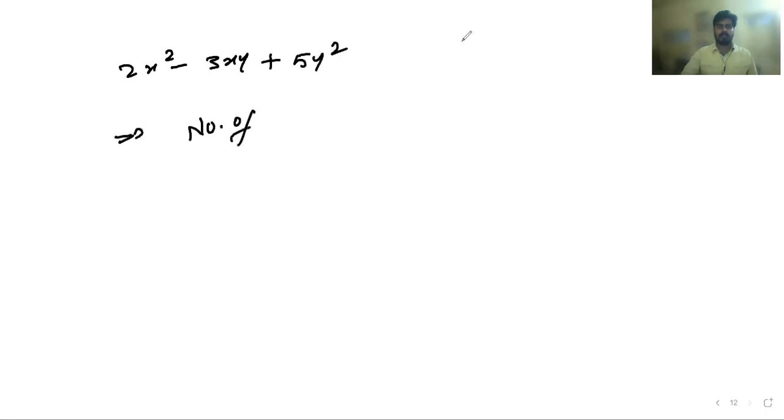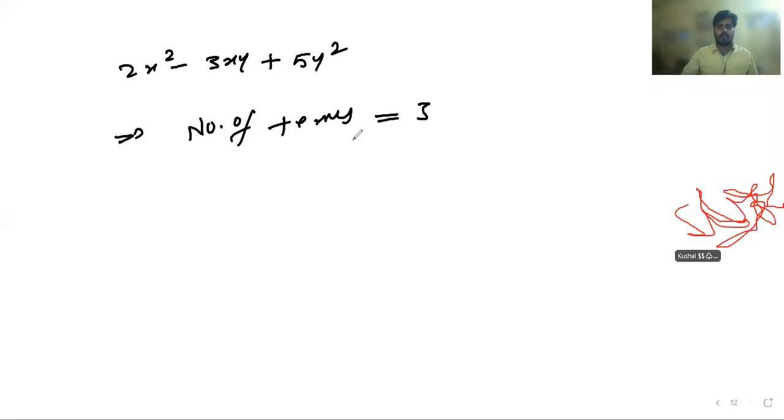If I take an algebraic expression like this, 2x square minus 3xy plus 5y square, how many terms are there? The number of terms is 3.